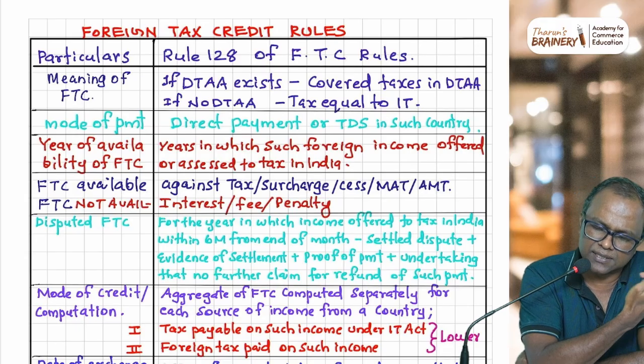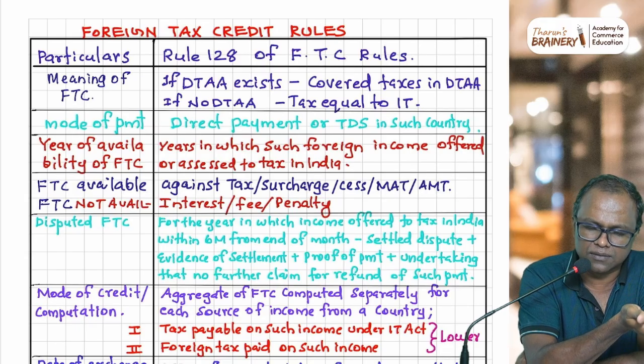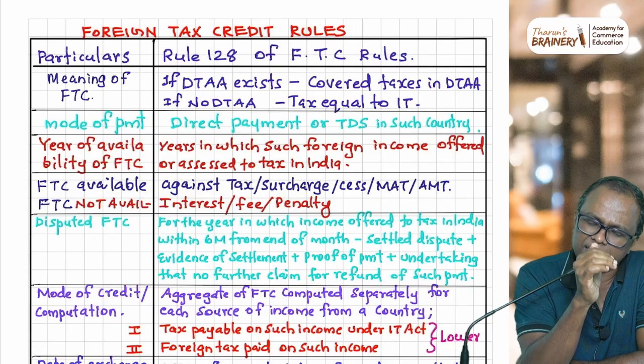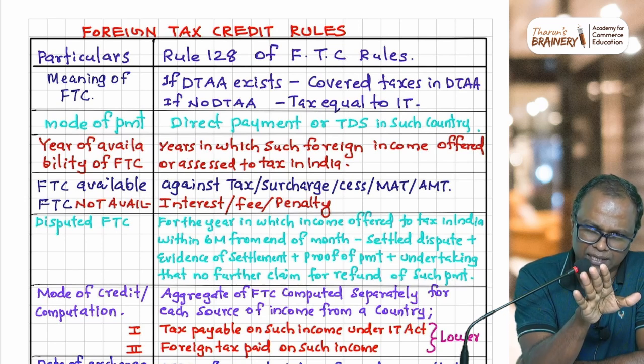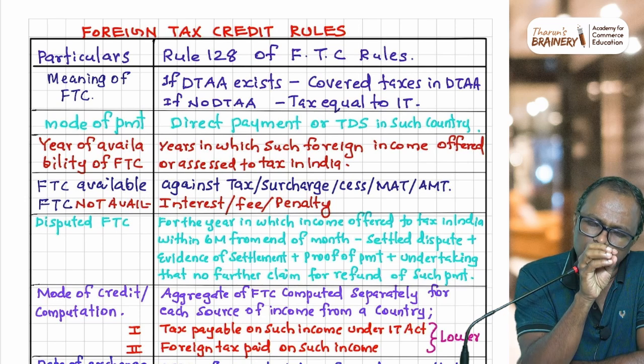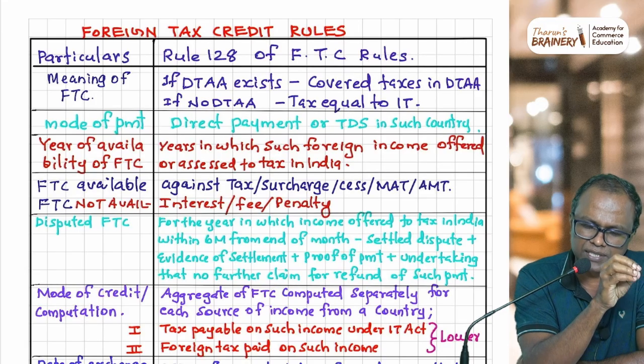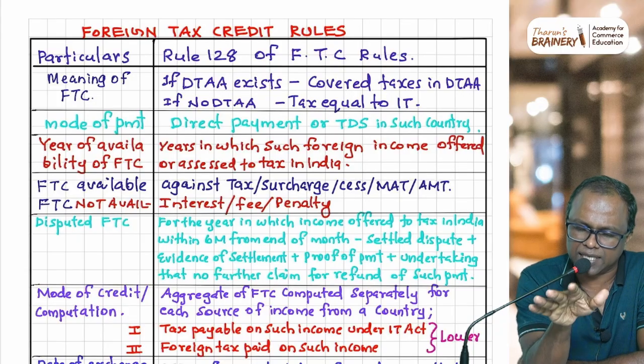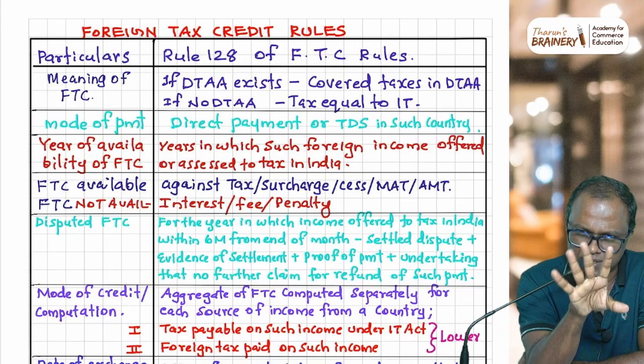So if you paid GST in a foreign country, you cannot claim credit here. So what is the tax there equivalent to Indian income tax? Only those taxes are eligible. If there is a double taxation avoidance agreement, there is a problem; we cannot say it like that. For a DTA agreement, the taxes covered will be mentioned in the article, which says, okay, in India, income tax means the income tax, surcharge, and cess.